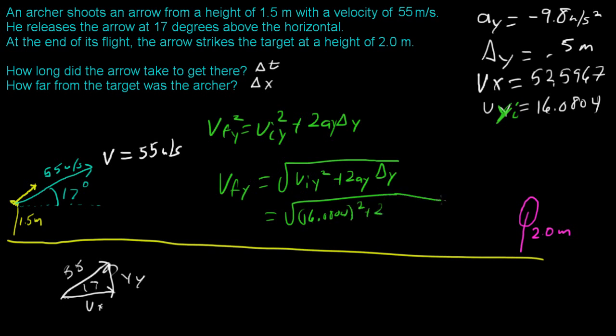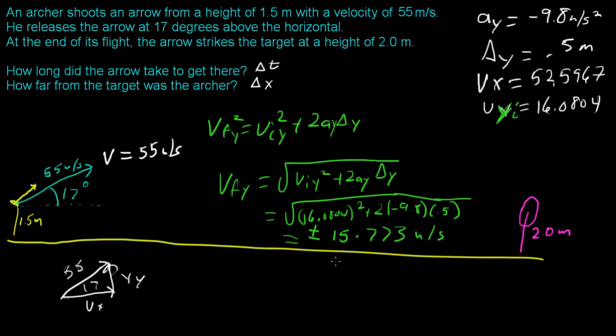This is where signs are really important, because notice that our A is negative 9.8, but then our displacement isn't negative, because we went up. So that's 0.5. So again, through the magic of technology, we get plus or minus about 15.773 meters per second.